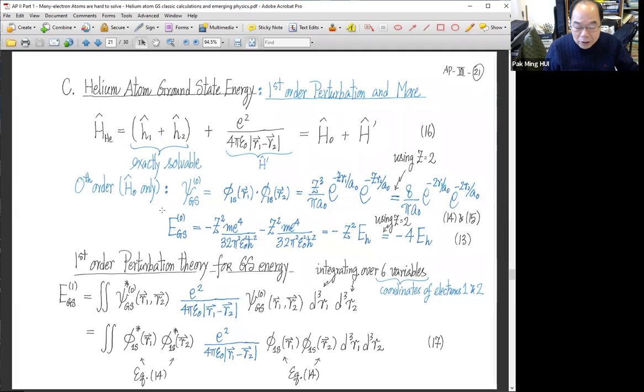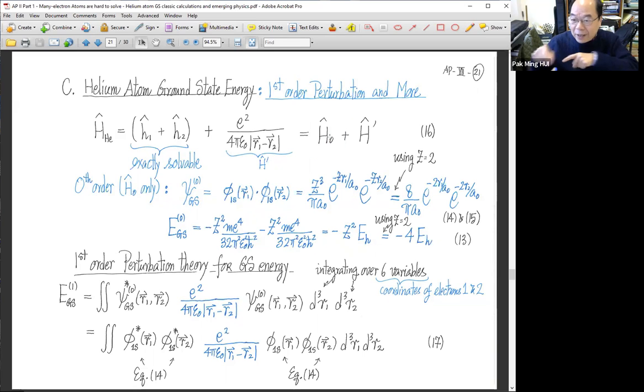The 0th order ground state energy corresponding to H0, we just solved it. It is minus 2 Hartree plus minus 2 Hartree. It is minus 4 Hartree. Okay? So we know everything now for the 0th order problem, or the unperturbed problem.